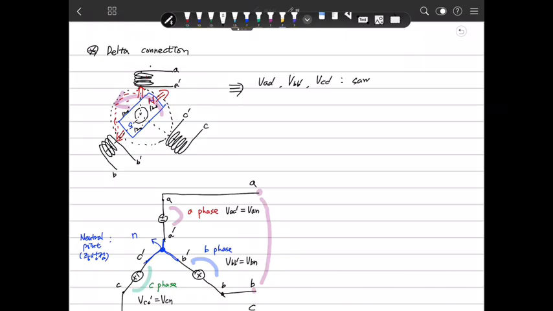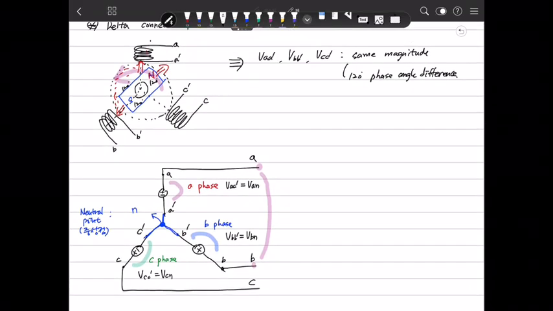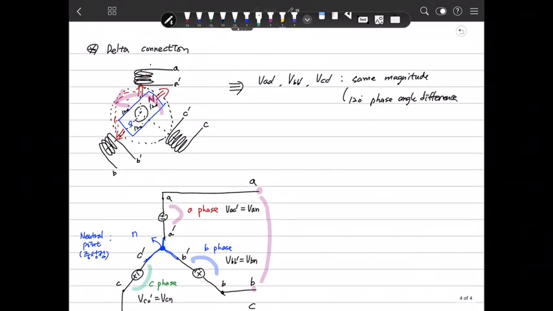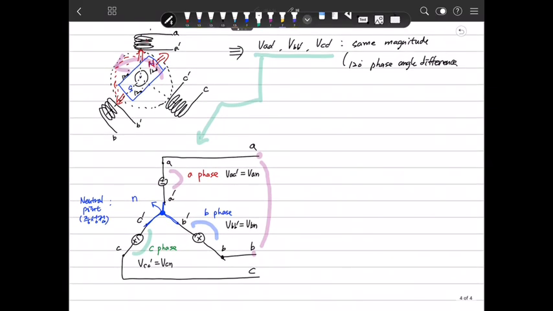This also has the same magnitude and 120 degree phase angle difference. So we connect in this source in this manner. We have 3 voltage sources. We call it 3-phase. This connection we call a Y connection.